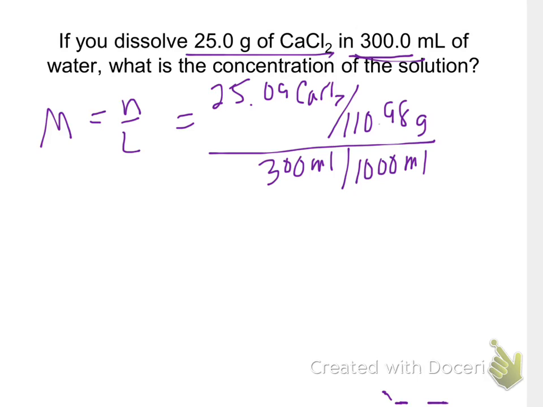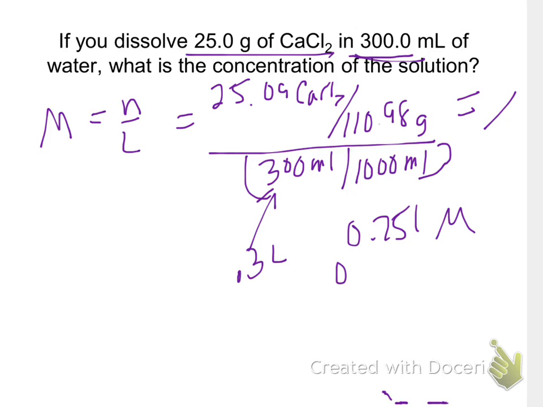And pretty quick you're going to realize that is simply 0.3 liters. We do this enough that it becomes pretty easy after a while. So it's 25.0 grams in your calculator, divided by 110.98 equals, and then divide by 300 over 1,000 equals, and you should get 0.751 molar, or 0.751 moles per liter.